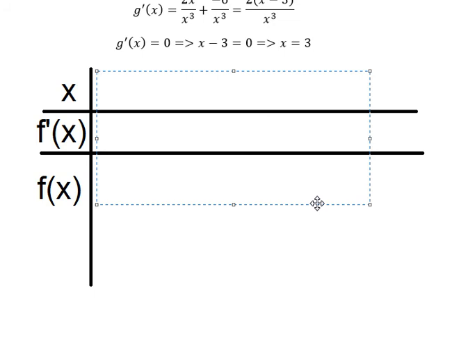We have negative infinity, we have 0 in here, we have 3, and later we have positive infinity.